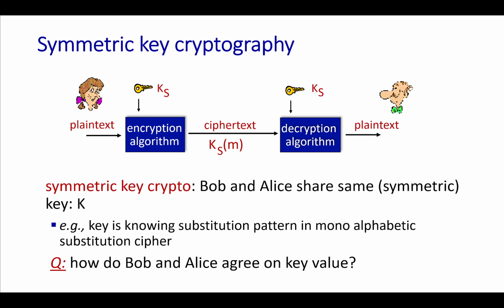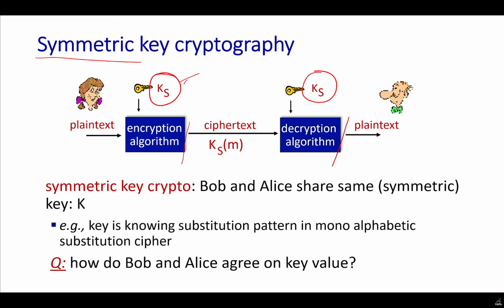So the question is, what approaches exist? Basically, there are two big categories. One is symmetric key cryptography, where the main point is that they use the same key. The algorithms might differ a little bit, but they are not secret. The algorithms are typically publicly known, and the only thing that should keep the data protected is the key.